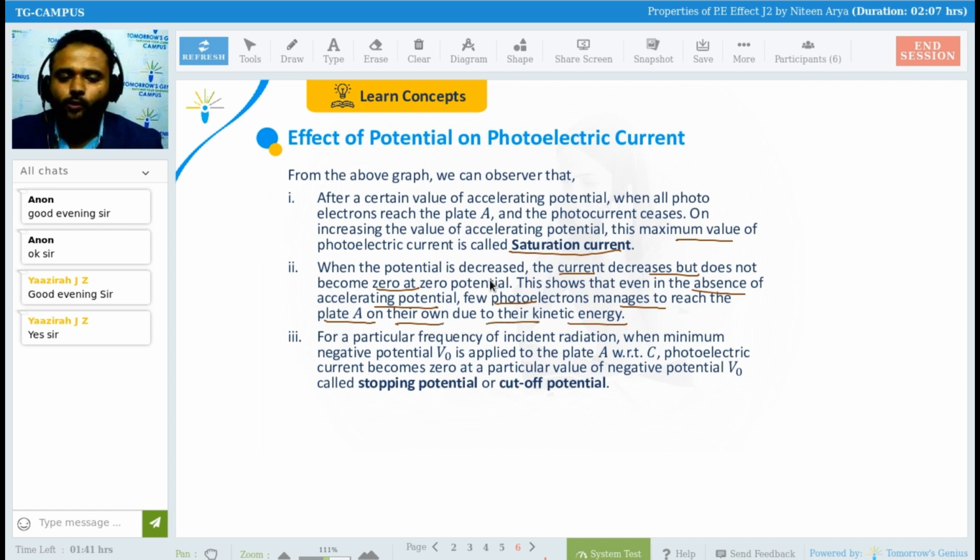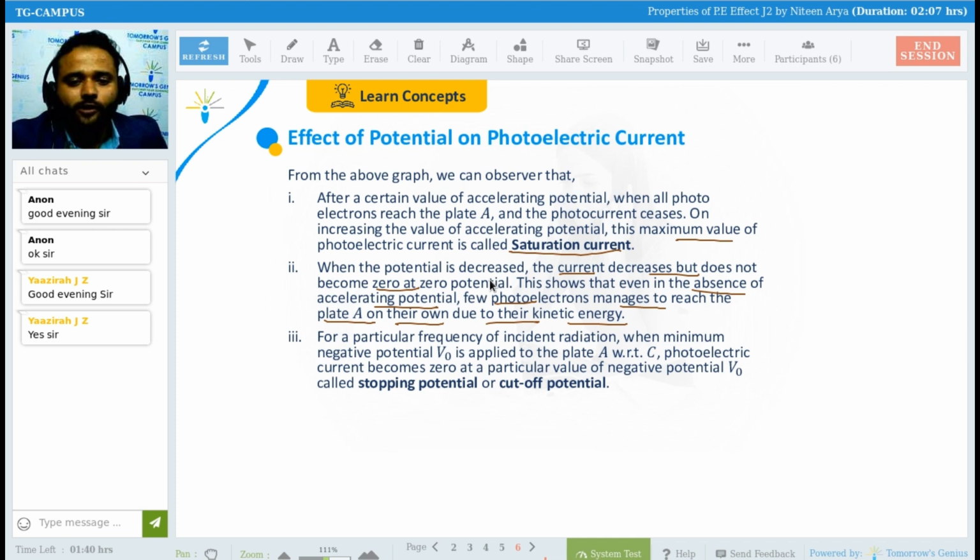Even if you don't apply a potential difference, when a photoelectric material is put in presence of a source light, the light can give both the threshold energy and the kinetic energy. Using that kinetic energy, the photoelectrons are able to overcome the distance between the plates, but they are not able to make a continuous flow. Is this clear now, everyone?